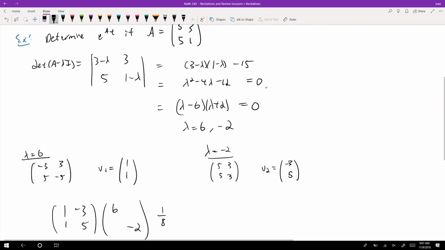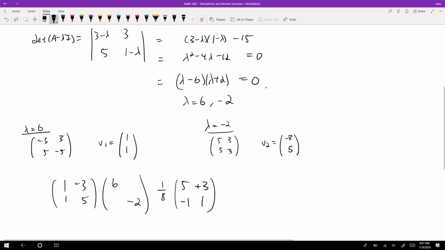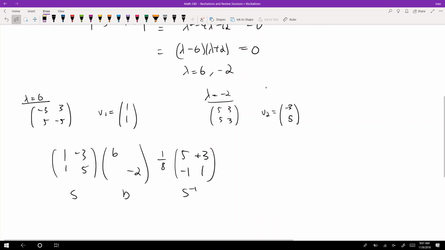Then you flip the diagonal, and you take the negative on the off diagonal. So that's S inverse. Okay? And now e to the At is equal to S e to the Dt S inverse.